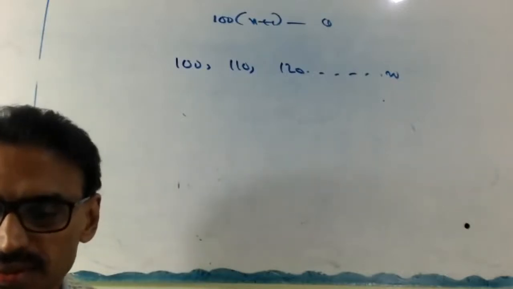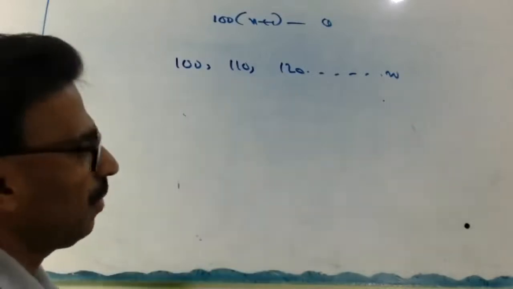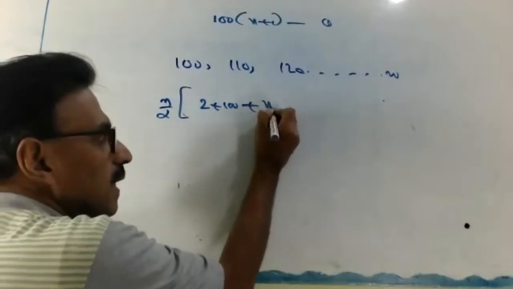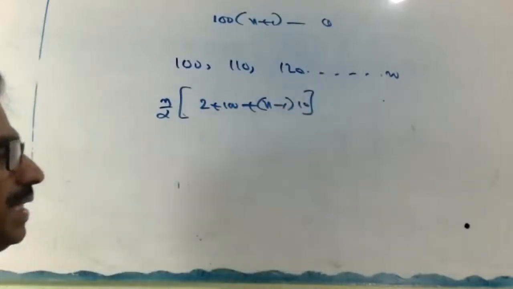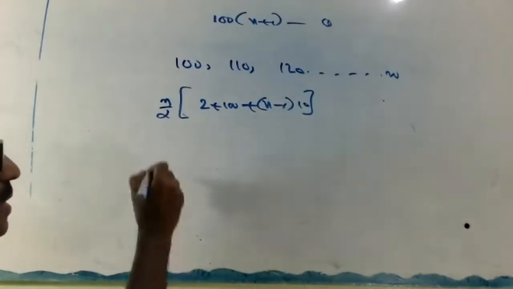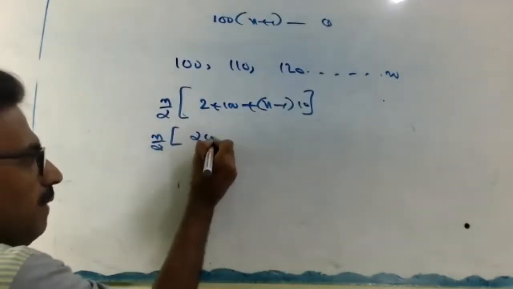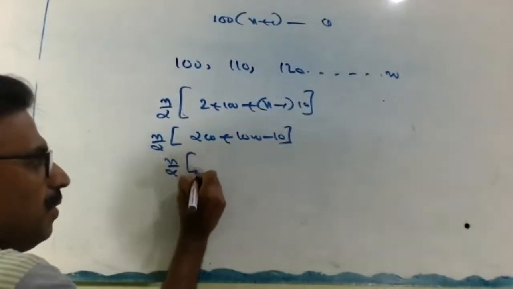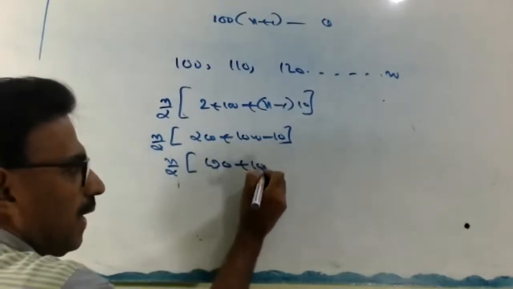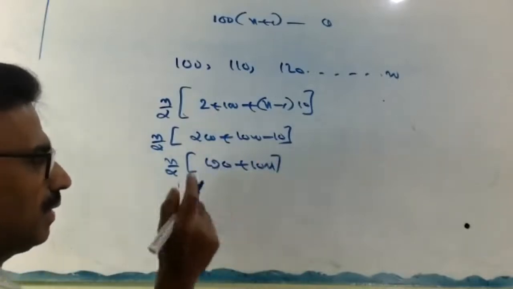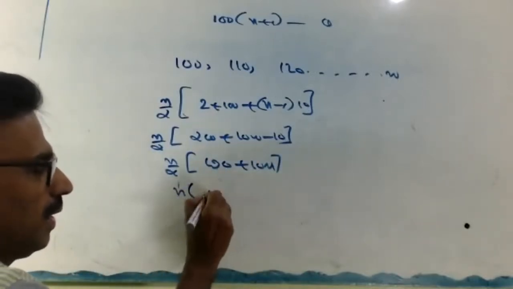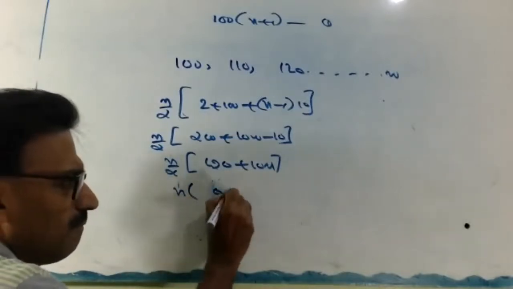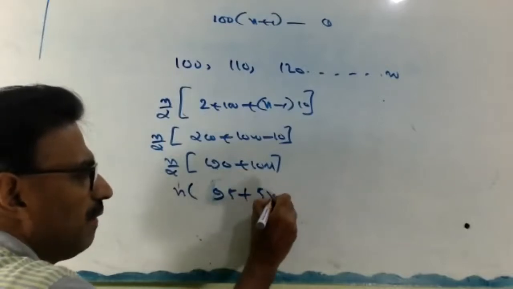Therefore, the distance traveled by the police is n by 2 into 2 into 100 plus n minus 1 into 10. So that is n by 2 into 200 plus 10n minus 10, which is n by 2 into 190 plus 10n. We can cut by 2: n into 190 divided by 2, which is 95, plus 5n.